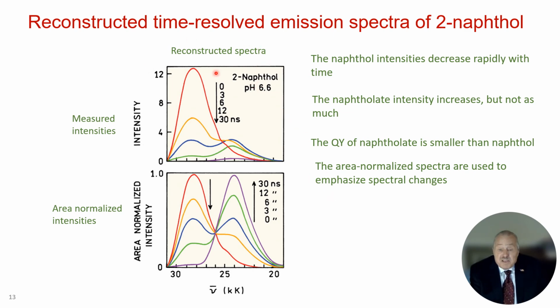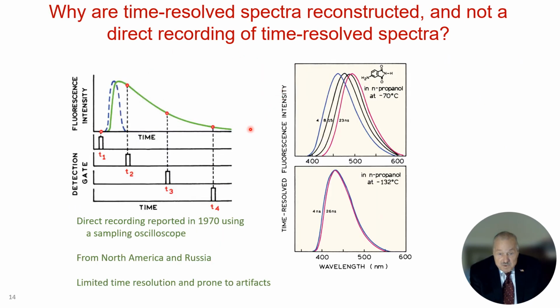So I mentioned these are reconstructed spectra. Why are we using reconstructed spectra? As early as 1970, in reports from both North America and from Russia, there were direct recordings of the time-resolved spectra. So using a sampling oscilloscope, they would record the spectra at different times and note that the emission spectra were different.